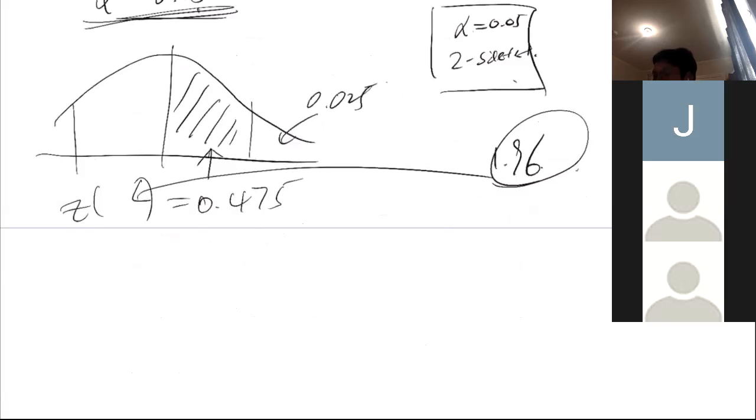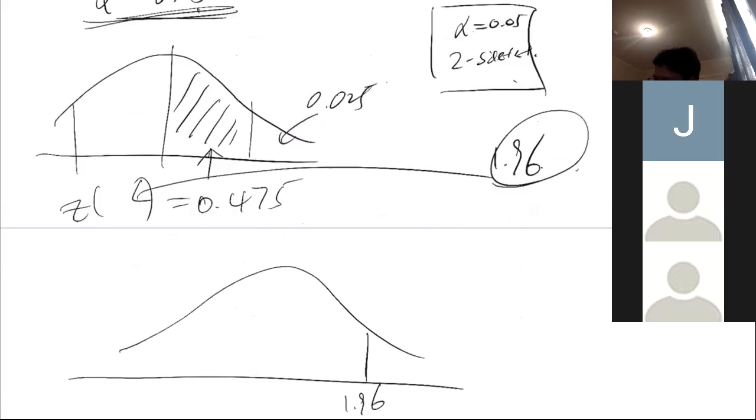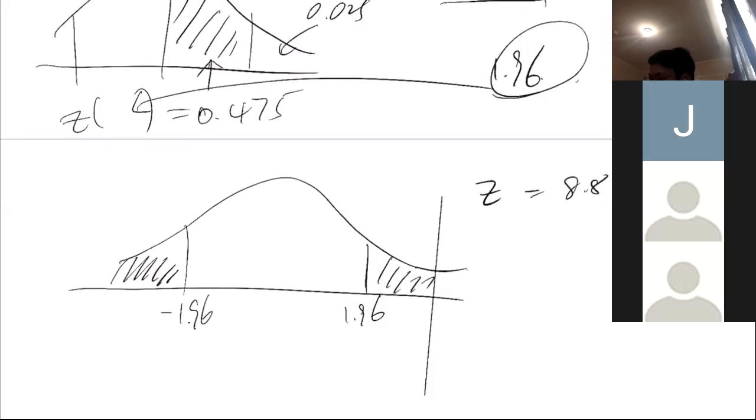So what does this 1.96 mean? It means that at 1.96 or negative 1.96, these are my rejection zone. As in the previous part, we calculated that the statistic is 8.82, which definitely falls in the rejection zone. So again, we can reject our null hypothesis. The conclusion is that ICU patients' heart rate is abnormal, which is the same thing as we did for the t-test.